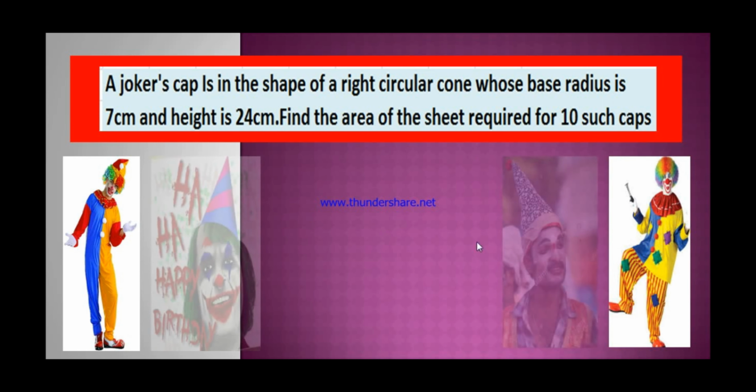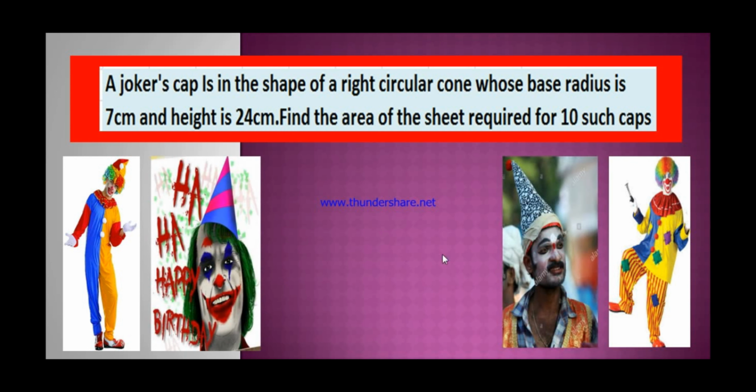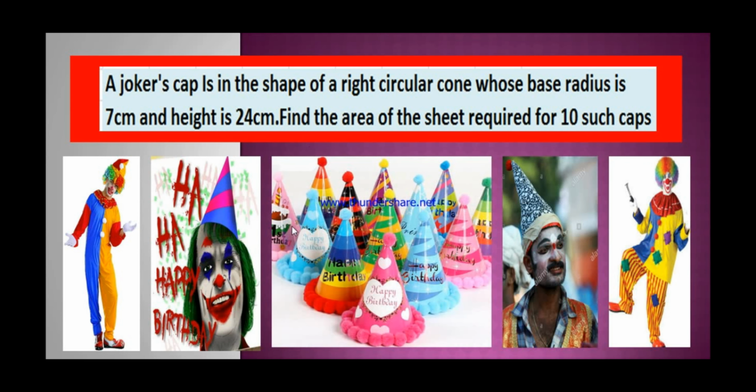If you take a close look at their faces, you can observe cone shaped caps over their heads, and we used to distribute such caps in birthday celebrations at our homes recently.